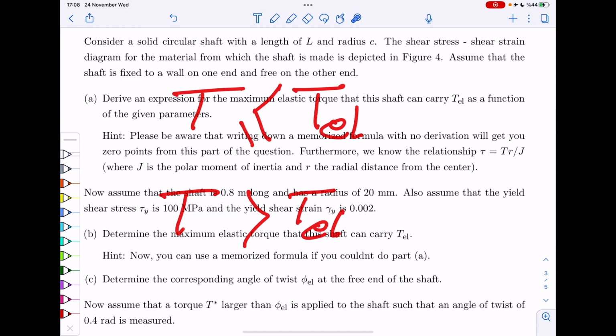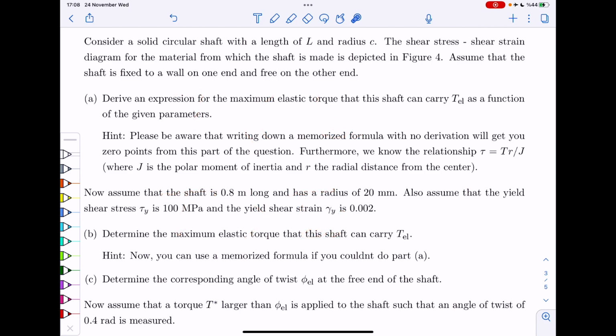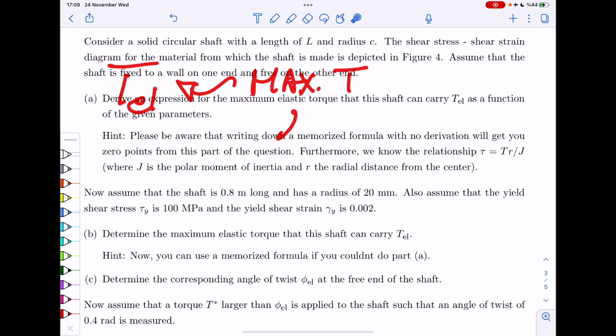We want to know what we call the elastic core, the radius of the elastic core. After you exceed your maximum T, there is this thing T elastic, the maximum torque such that the problem is still elastic.